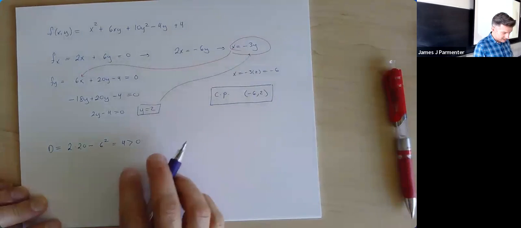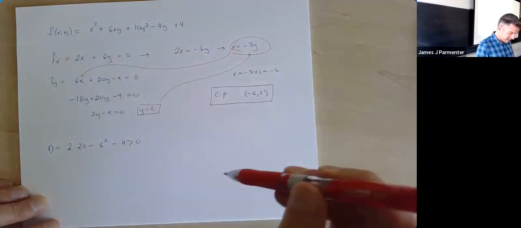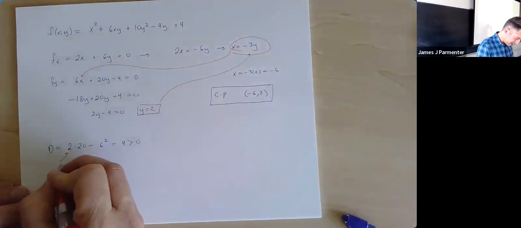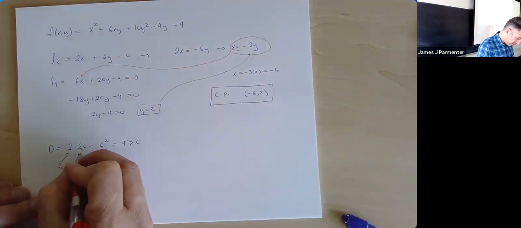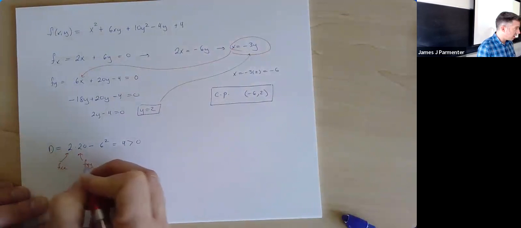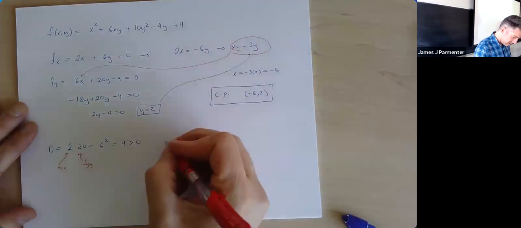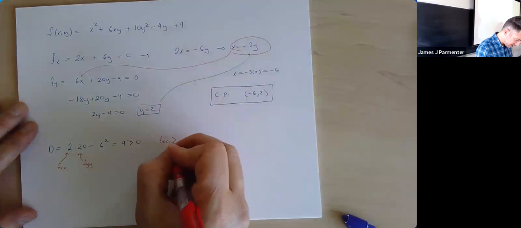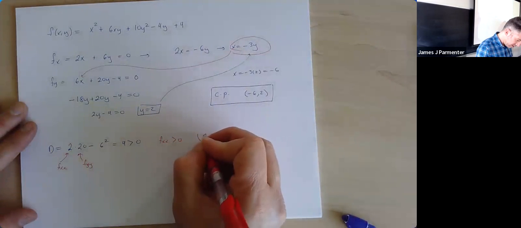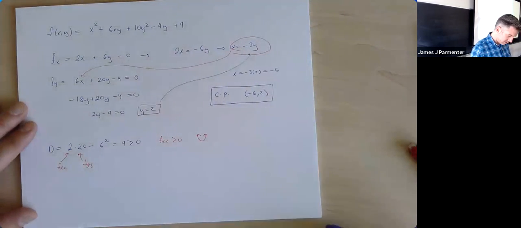And so it's positive. And then based on the signs of fxx and fyy, this thing is concave up because my second derivative is positive. So fxx is positive, meaning we are concave up. So we have a minimum.